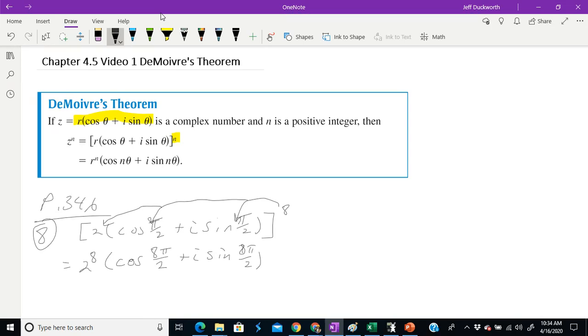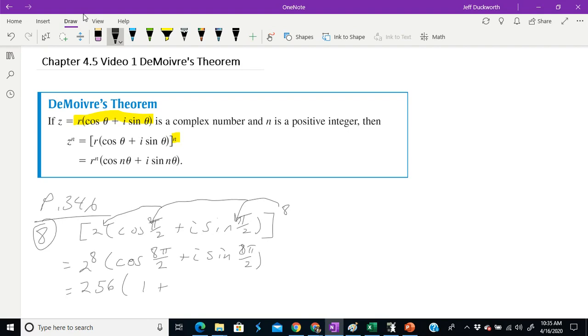I think the instructions say put it in standard form, so let's do that. First of all, 2 to the 8th is 256. And 8 pi over 2 is 4 pi, so cosine at 4 pi is the same as at 2 pi, same as at 0, which is just 1.